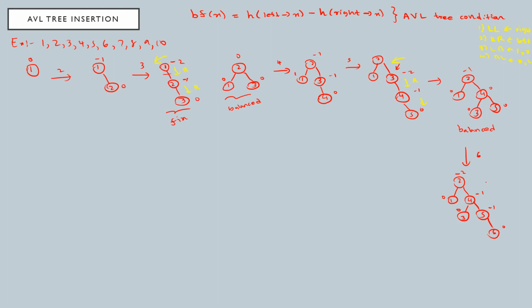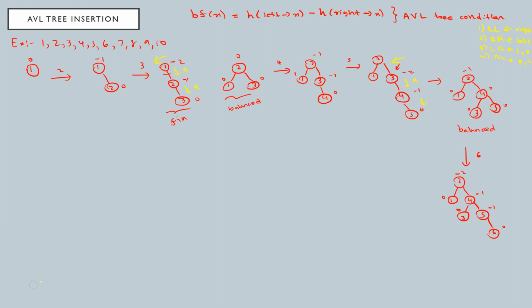So what is the case that we must consider in order to balance this AVL tree? Here is the condition. We inserted 6 over here. Okay. So in which way did the imbalance occur?